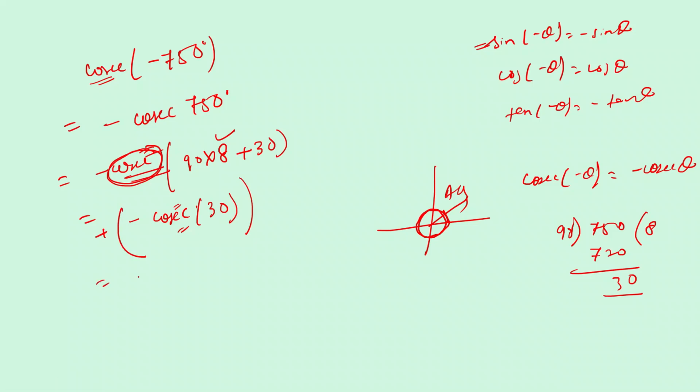The final answer will be minus cosec 30 degrees. So plus minus gives you a minus sign. So minus cosec 30 degrees, what is cosec 30 degrees? Cosec 30 degrees is the reciprocal of sine 30 degrees. So minus half reciprocal is 2, right? So minus 2 is our answer.